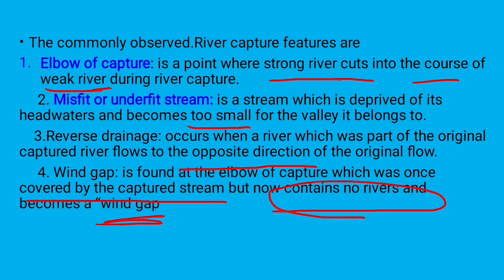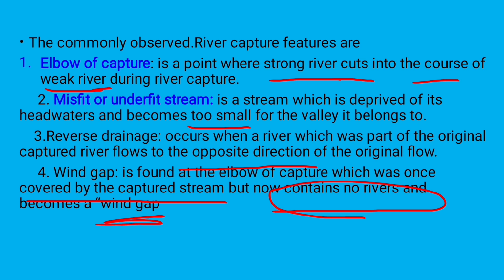Second, a misfit or underfit stream is a stream which is deprived of its headwaters and becomes too small for the valley it belongs to. 3. Reverse drainage occurs when a river which was part of the original captured river flows in the opposite direction of the original flow.